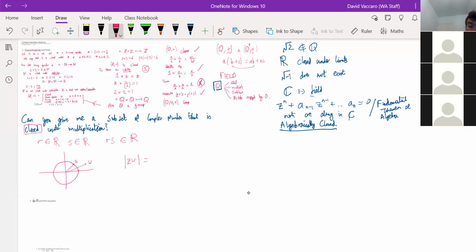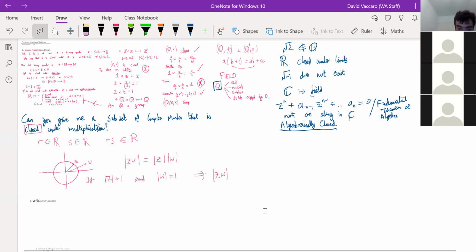We know that the modulus of zw is the modulus of z times the modulus of w. Does that give a clue? What would happen if the modulus of z equals 1 and the modulus of w equals 1? What could we say about zw? Yeah, so the modulus of zw is also equal to 1.